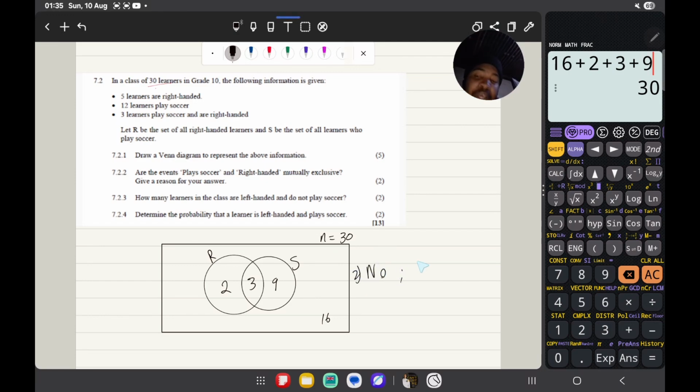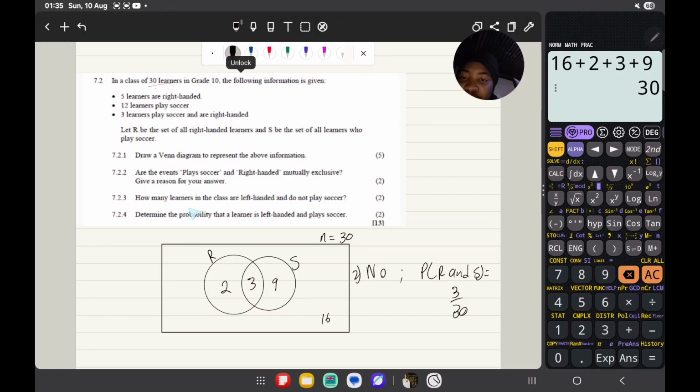You would say no, and your reason is because the probability of right-handed and play soccer is going to be 3 over 30. Here's a 3 for the end. Or you can just say that 3 learners play soccer and are right-handed, né?